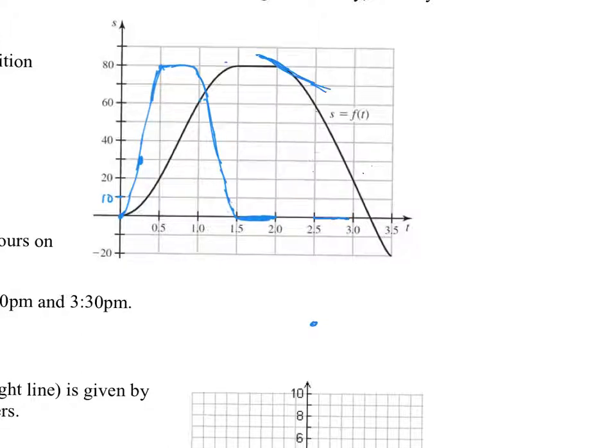I need some space, but that's what's happening here. And of course the slope is getting steeper. That's why this is going down, and here this is flat because the speed is constant.